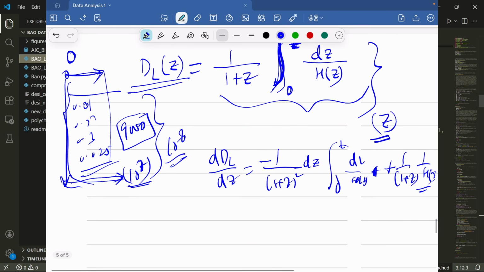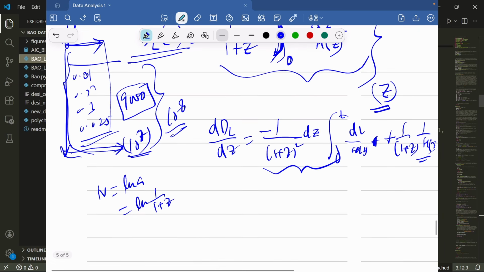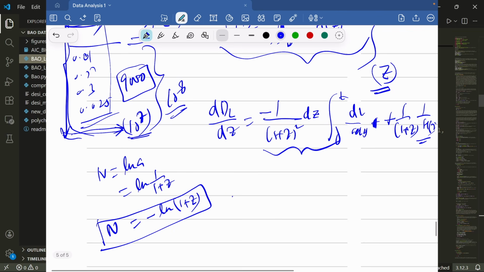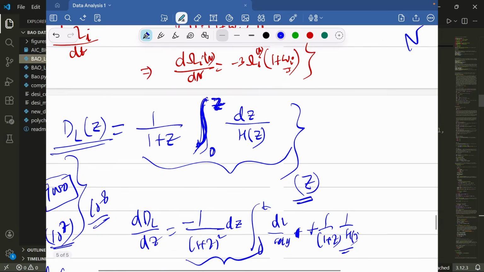Now you have to convert it. How can you convert? N is equal to log of a, which is log of 1 by 1 plus z, and similarly you can take it to the upper side, you will have minus of 1. So you can convert everything in terms of N. Now if you do it, then dL by dN will become negative of 1 by H. Now what is H?